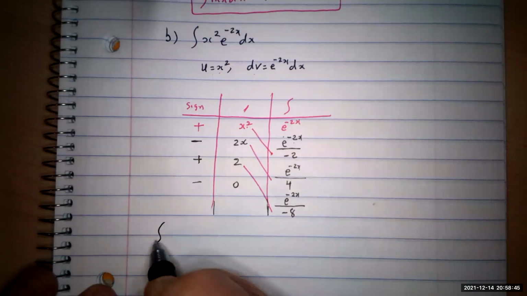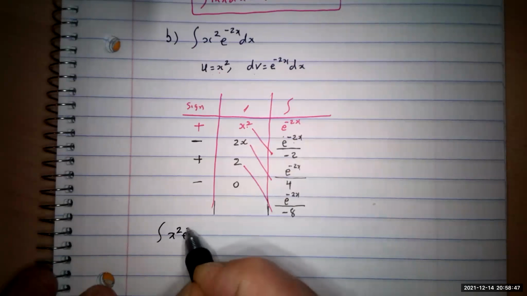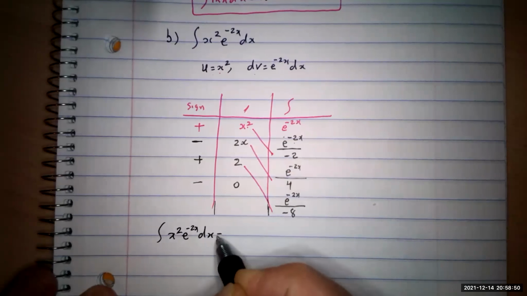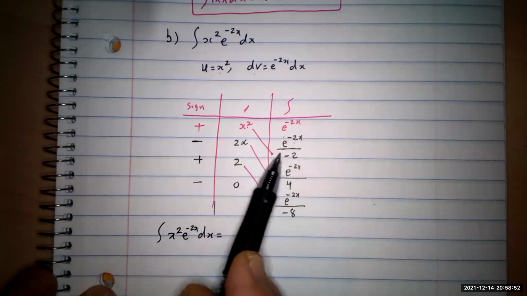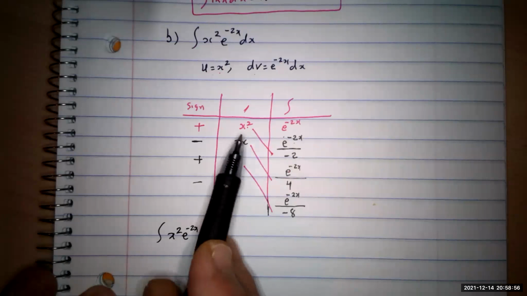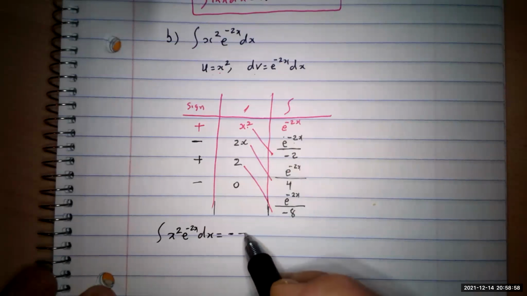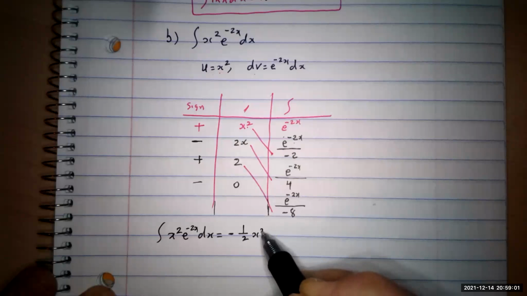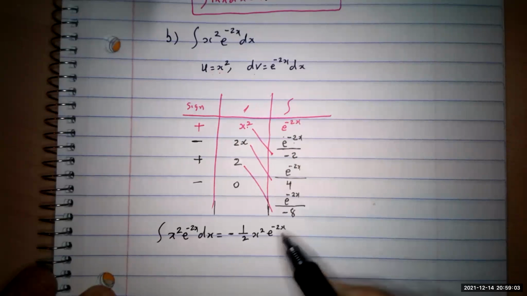The integral of x squared e to the negative 2x dx is equal to, the first uv is when you multiply these two together. That's going to be the 1. So that gives you negative half x squared e to the negative 2x. That's the first one.